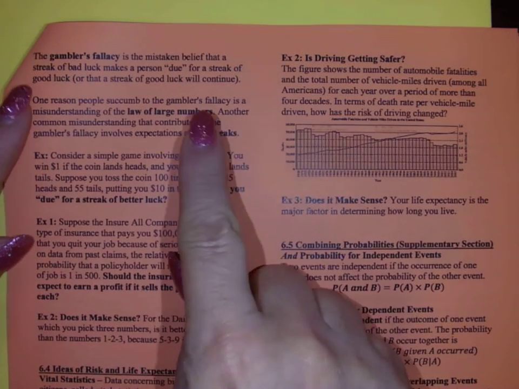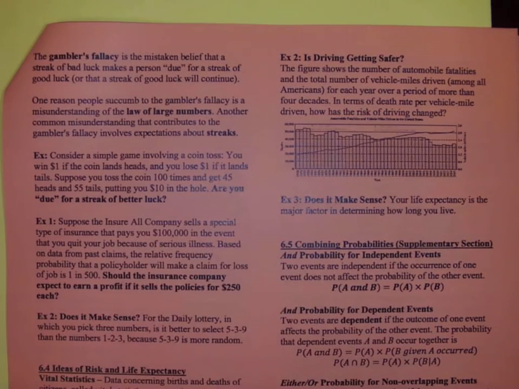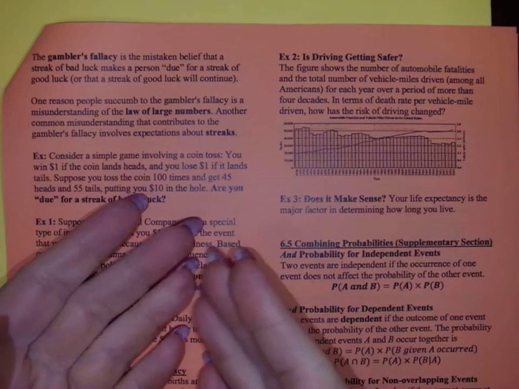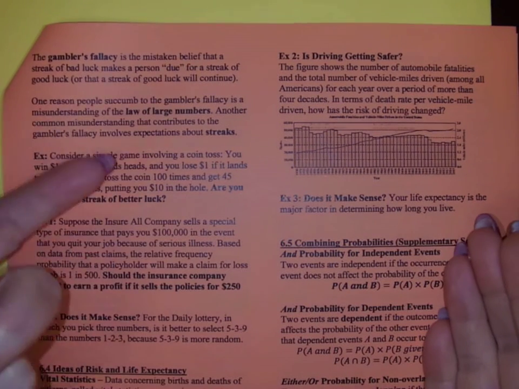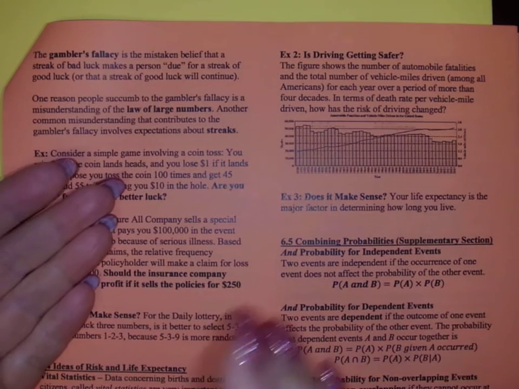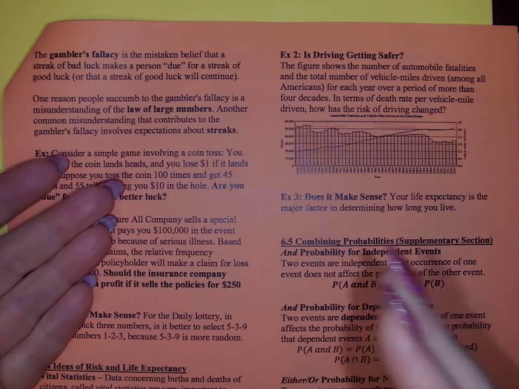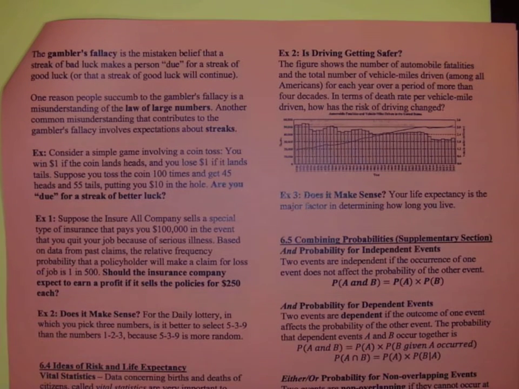So a little bit more about the gambler's fallacy: this is where it gets its name, from gambling, right? When a gambler goes and they're losing all kinds of money, they feel that they're due for a win. If I just keep playing, I'm going to win, I'm going to win, and it'll turn it around.